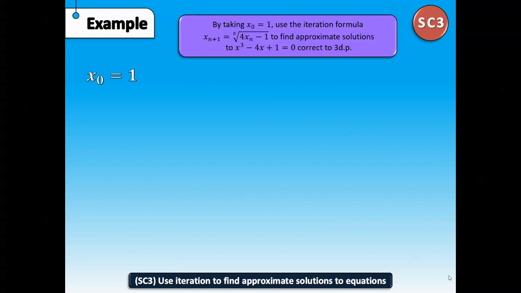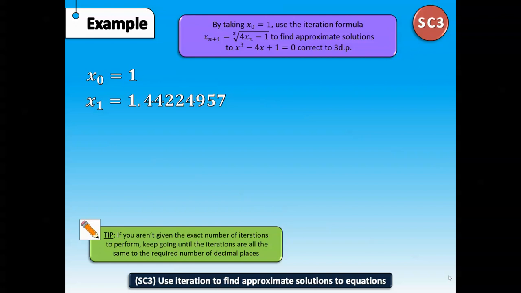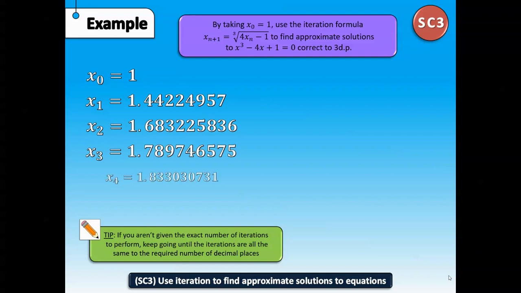So we know that the first iteration is 1, so that means the next iteration will be that number there, so x_1 equals that number. x_2 will be that number there. x_3 will be that number there. x_4 will be that number.